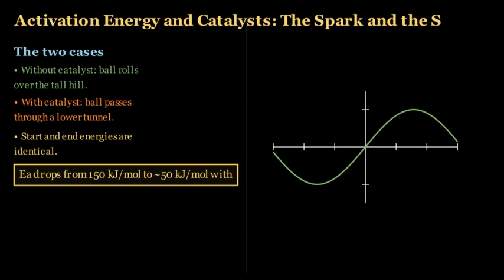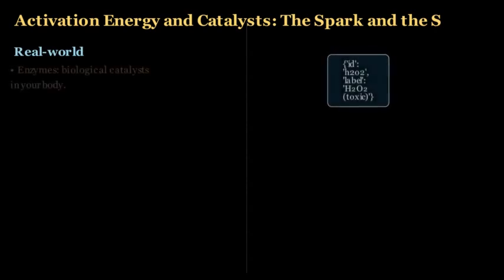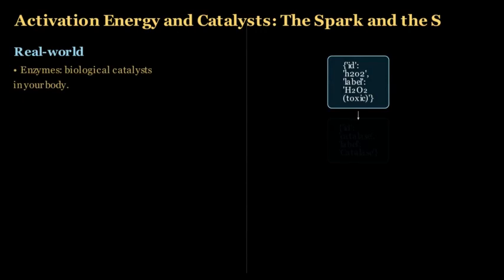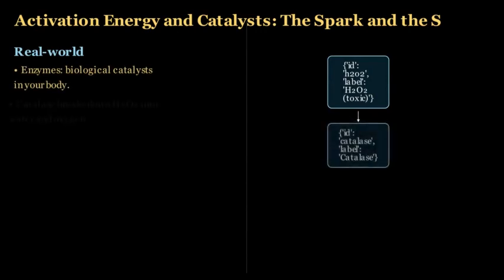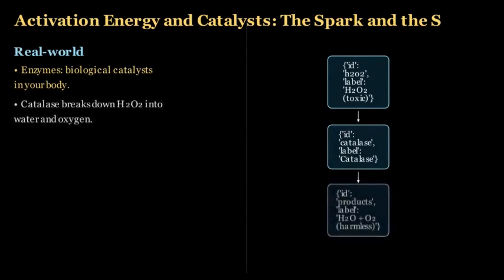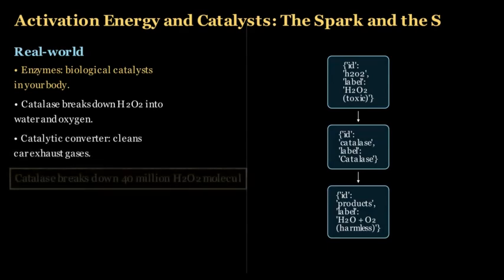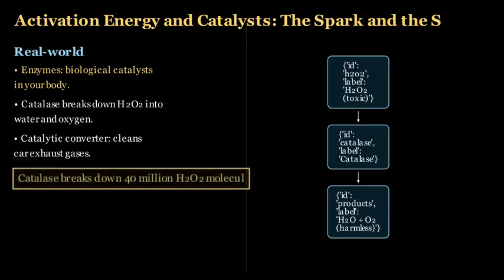This isn't just a lab trick, it's happening inside you right now. Your cells produce hydrogen peroxide, which is toxic. An enzyme called catalase acts as a catalyst, lowering the activation energy so the peroxide breaks down into harmless water and oxygen millions of times faster than it would on its own. The catalase itself is unchanged after the reaction.